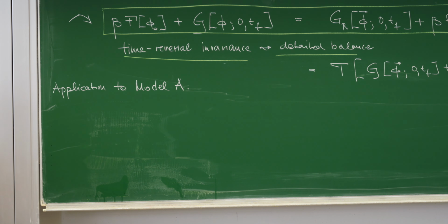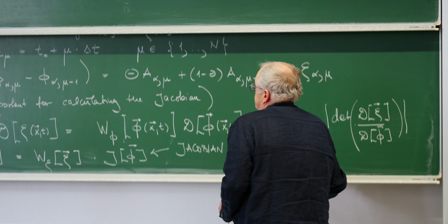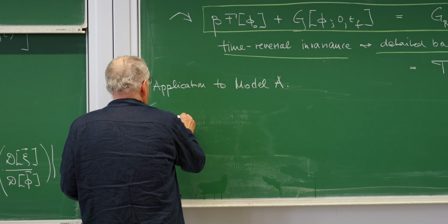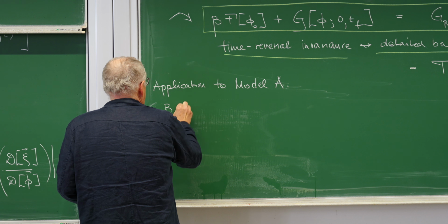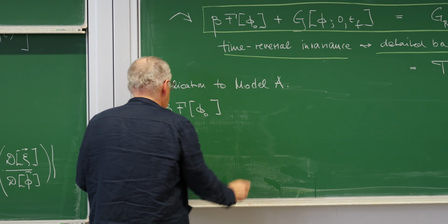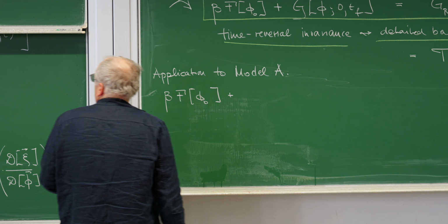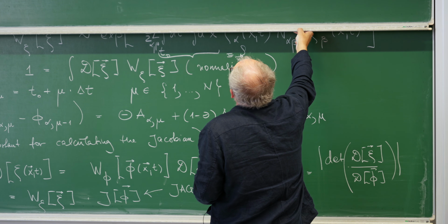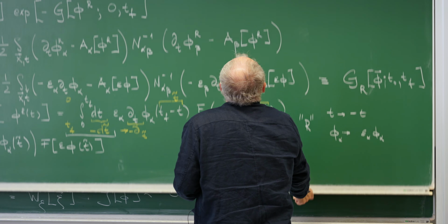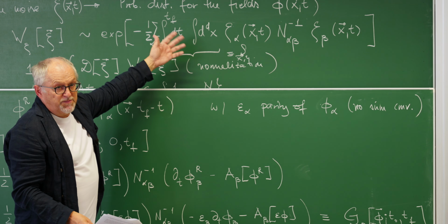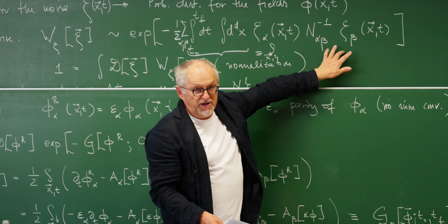For model A, we remember what the Langevin equation is. And then let's just insert this right away. So we have beta f of phi naught. This is this term. Then plus, what do we have? So here we have the probability measure for the noise, but that's the same as the probability measure for the fields if you replace the zeta by the equation of motion.